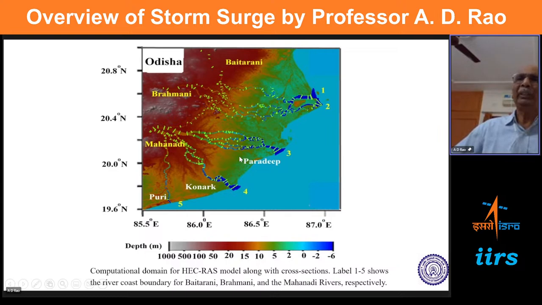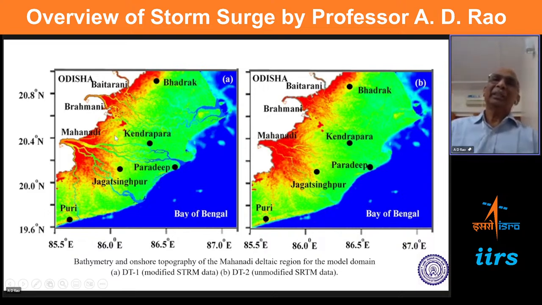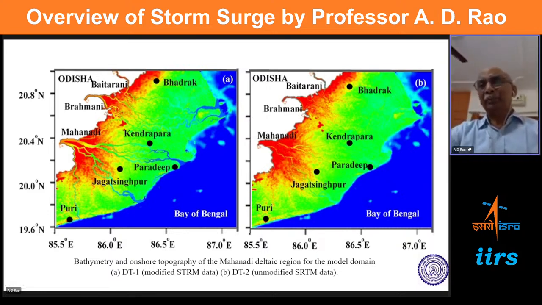I don't want to go into the details, but we used SRTM data. I hope you all know that SRTM, the Shuttle Radar Topography Mission, gives very high resolution data. But this is not sufficient to represent the tributaries accurately. So we have to modify the SRTM data based on real ground truth data. So we did all those things and we used the correct river tributary data.